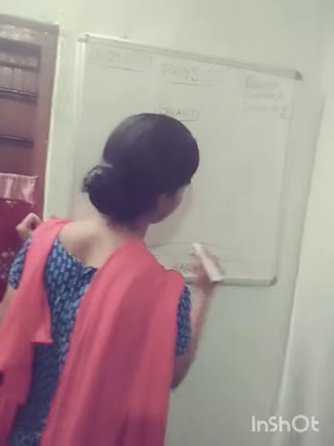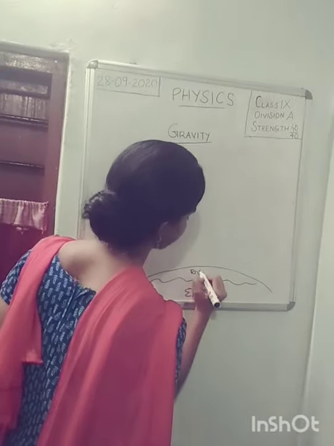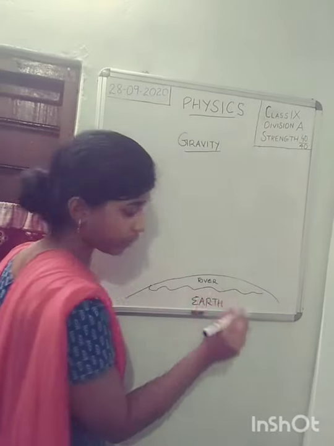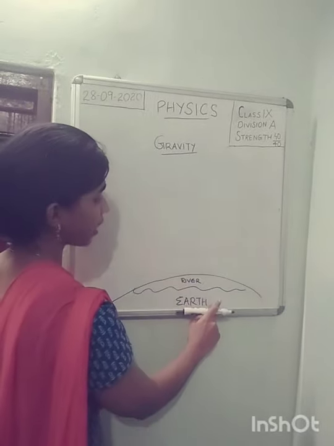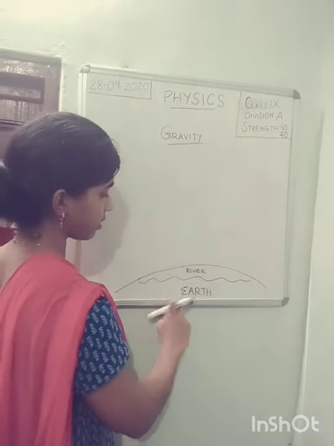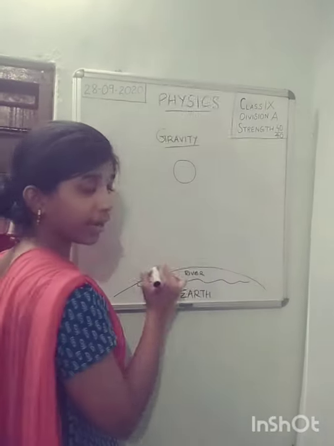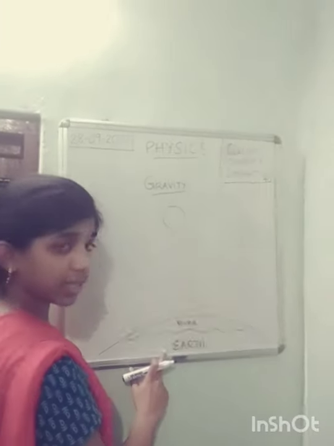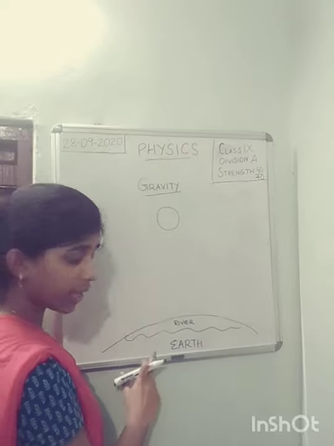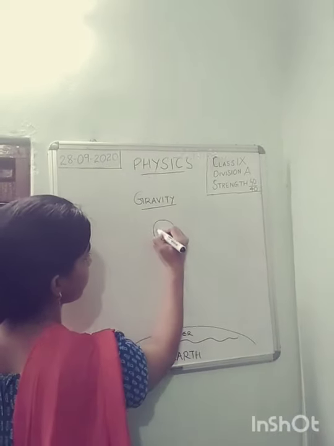Suppose this is a river. So I am considering one object as the earth and the other object as the dear moon. Moon is Earth's natural satellite. You know that, no? So this is the moon.